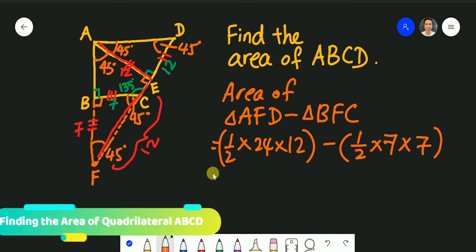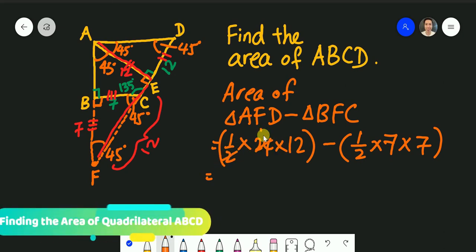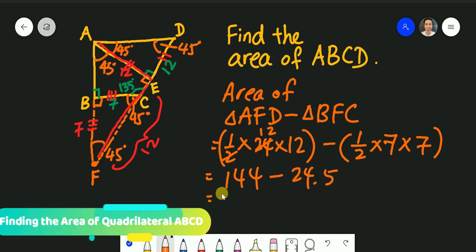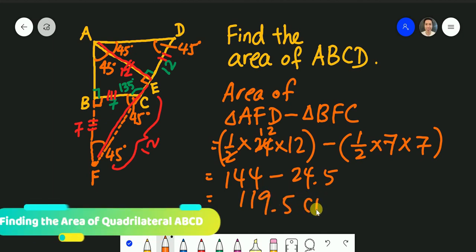You can use your calculator. If I do it manually, 12 times 12 is 144. Minus 49 divided by 2, which is 24.5. After we minus this, we will get 119.5 centimeters squared as our final answer.